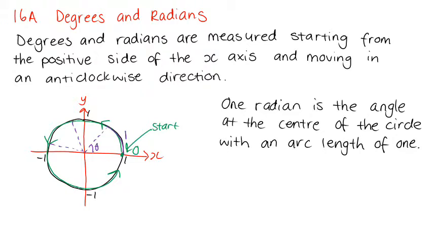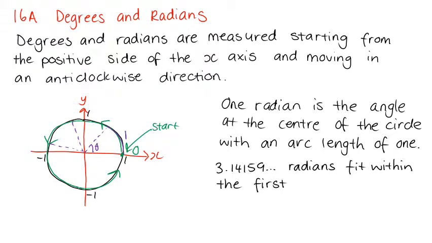When it's not just me freehand sketching, when you actually measure it out, there is exactly 3.141592 of those radians in a semicircle. Therefore, 180 degrees equals pi.